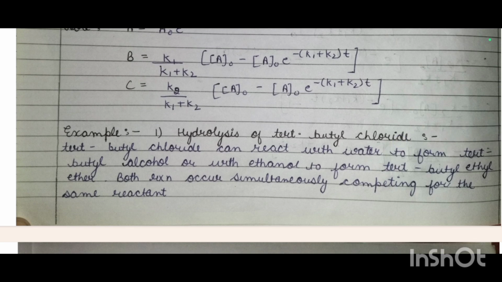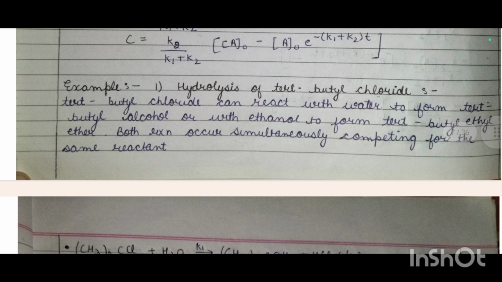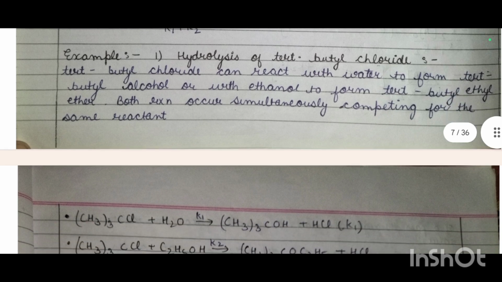Example: hydrolysis of tertiary butyl chloride. Tertiary butyl chloride can react with water to form tertiary butyl alcohol, or with ethanol to form tertiary butyl ethyl ether. Both reactions occur simultaneously, competing for the same reactant.